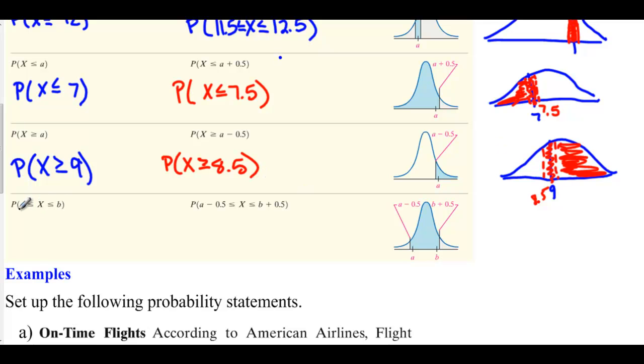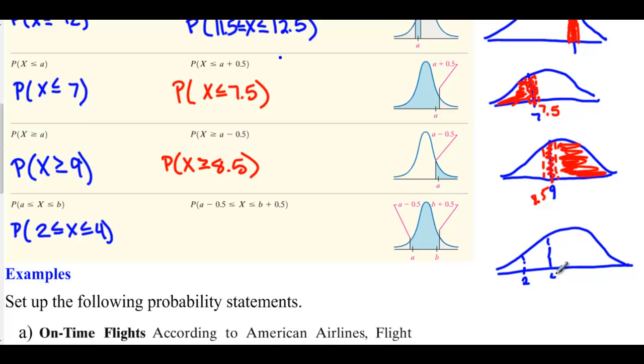And then if it's going through and giving us two numbers, so perhaps, wow, hang on, let me fix that. There we go. So probability that maybe x is between 2 and 4, something like that. Well, again, normally, at 2, and I'm going to go ahead and draw 4 in there too. At 2, we would go half above and half below to figure out 2.